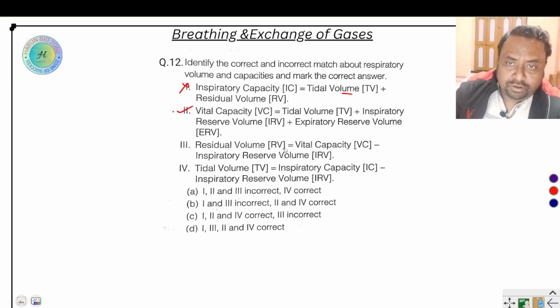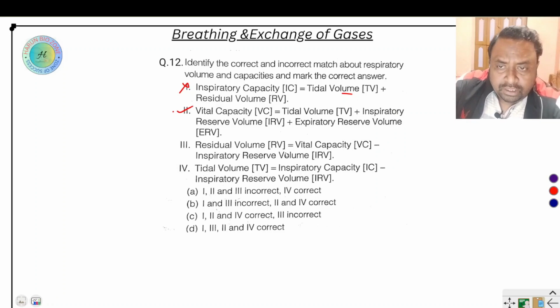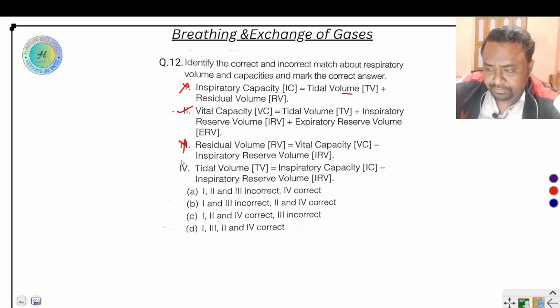Second, residual volume. Residual volume means vital capacity and inspiratory reserve volume. Tidal volume is inspiratory capacity minus inspiratory reserve volume. 1 and 3 are incorrect, and 2 and 4 are the correct option.